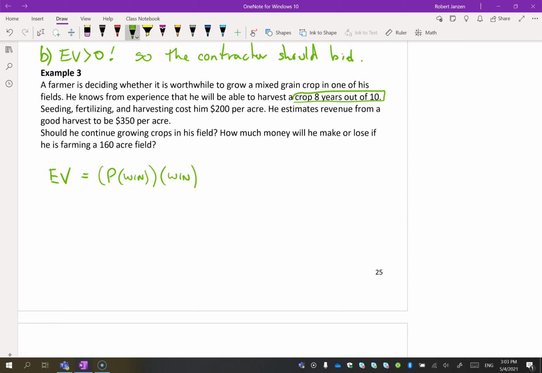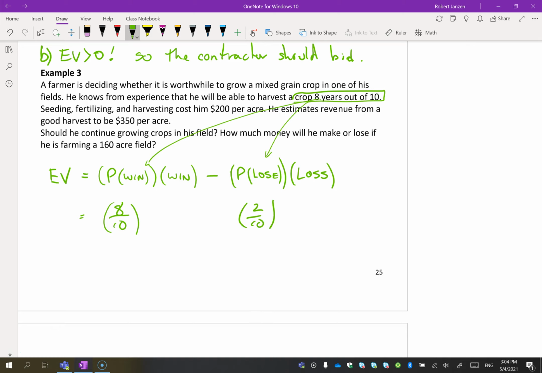The win is harvesting a crop. The probability of lose is not harvesting a crop. Keep this in mind, that is your winning and losing. So the probability of winning is 8 out of 10. The probability of losing is 2 out of 10.